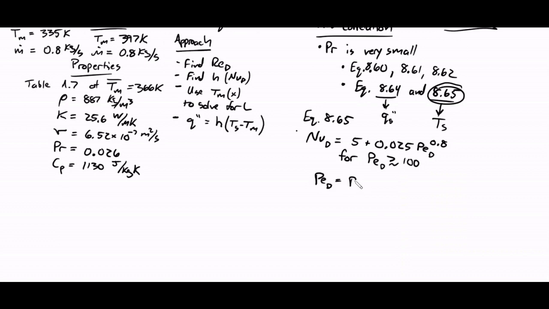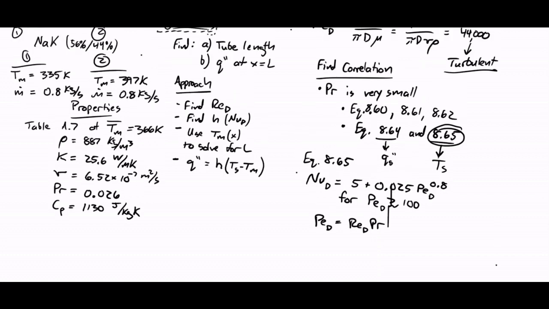Well, that is just equal to the Reynolds number times the Prandtl number, which is easy to remember because it has a P and an E. Peclet is like Prandtl and Reynolds. Okay, so let's calculate what that is. For our specific case, we have 44,000 is our Reynolds number, which is turbulent, and our Prandtl number is 0.026. Combining those two things, we get 1,145, which definitely satisfies our condition that it be greater than 100.